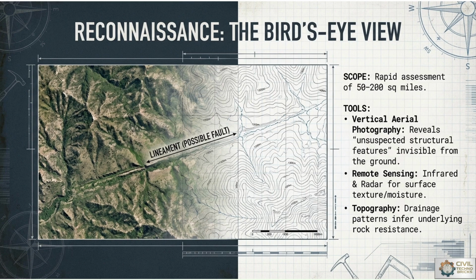With the reconnaissance survey, we get a rapid assessment of the terrain or topography of an area, for example 50 to 200 square miles. For the reconnaissance survey, we can now use GPS, GIS or IRNSS tools, such as aerial photogrammetry or satellite imagery.